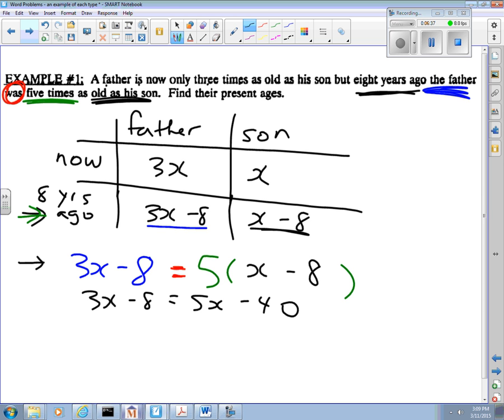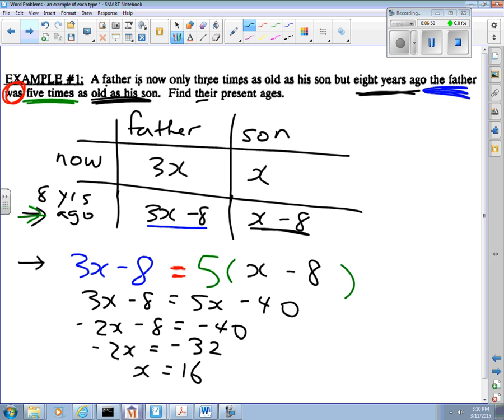Second step, I'm going to minus 5x from both sides. Third step, I'm going to add 8 to both sides. Don't worry about those negatives. They're about to cancel, which makes sense. It'd be weird if you got a negative age. Something would be wrong. So I divide both sides by negative 2 and x equals 16.